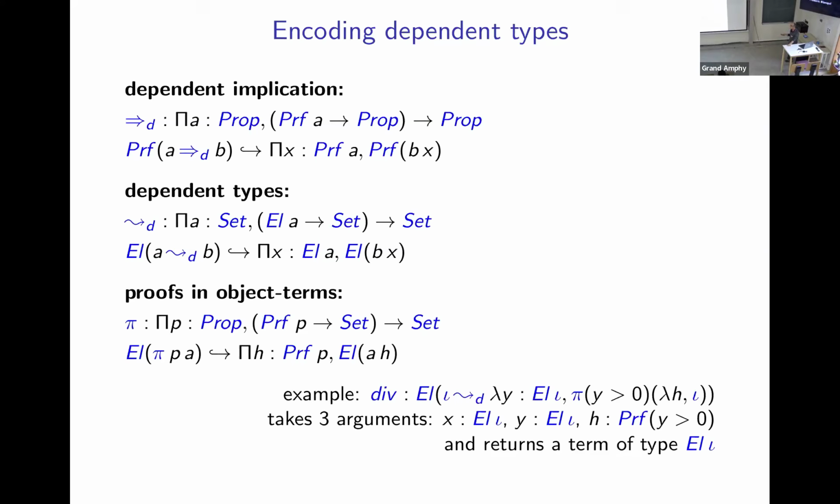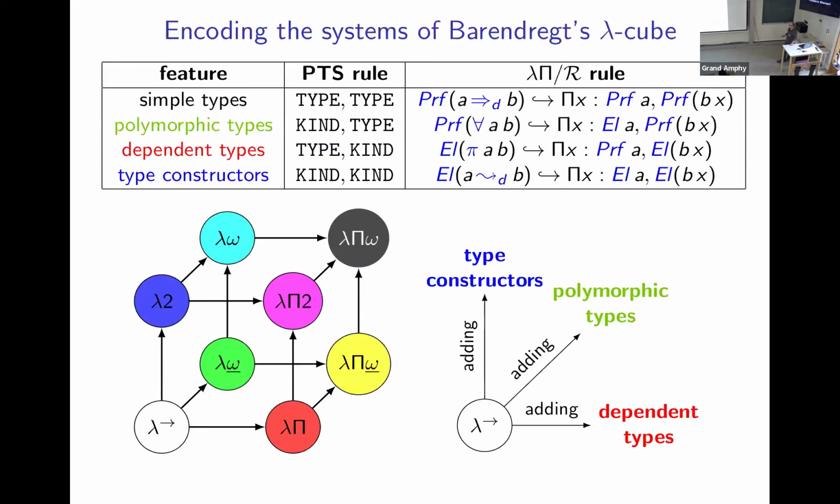In the rules that we consider, either we quantify on a proof and we get a proof, or an element and an element, or a proof and an element. And so there are like 4 different cases. And perhaps you remember what we have seen yesterday about the Barendregt lambda cube. And so we can draw some parallel with this.